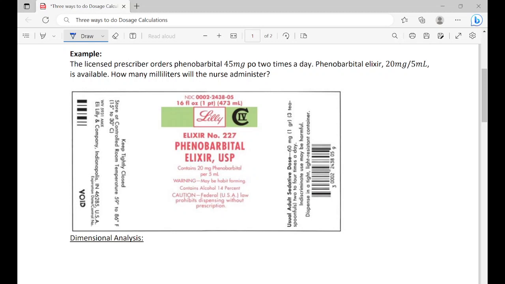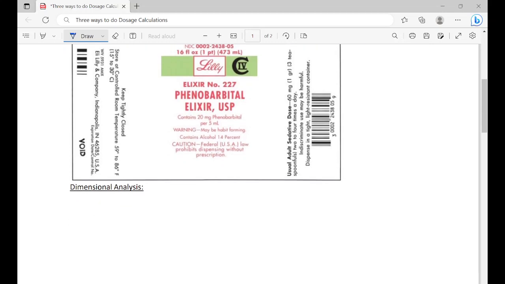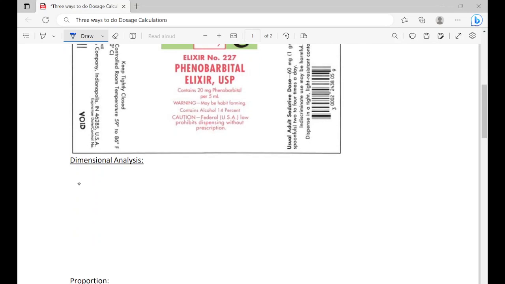Now let's do this by dimensional analysis. So we need to get milliliters. How many milliliters will the nurse administer? So we're going to take our available, or 20 milligrams per 5 milliliters, and we're going to write it as 5 milliliters over 20 milligrams.